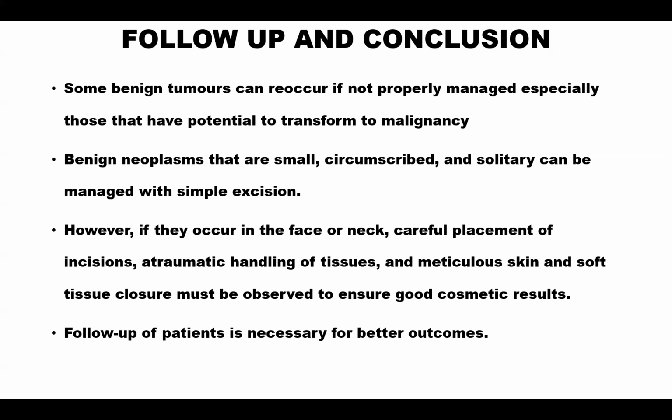Then you can also have middle ear tumors like the vascular tumors. They can also be removed. There are various approaches which can be used to remove them. Going into the various techniques and methods of dealing with all these lesions is beyond the scope of this lecture. So you should take note of that.